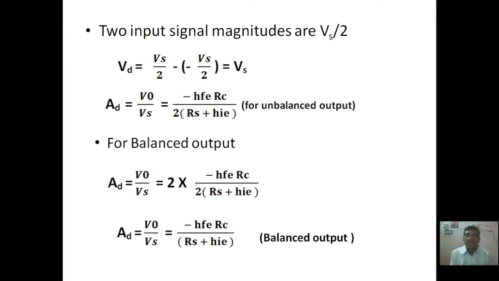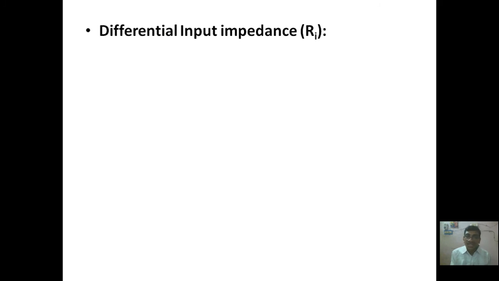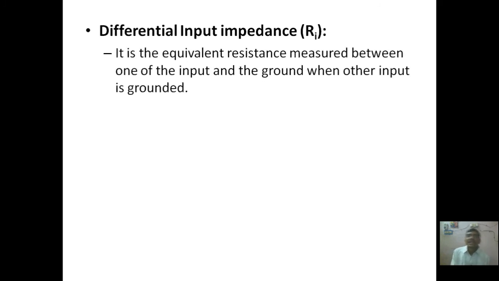Next we are going to calculate the differential input impedance. What is impedance actually? It is an equivalent resistance measured between one of the inputs and the ground when the other input is grounded. To calculate the input impedance, we have to calculate for the individual stages like Ri1 and Ri2.